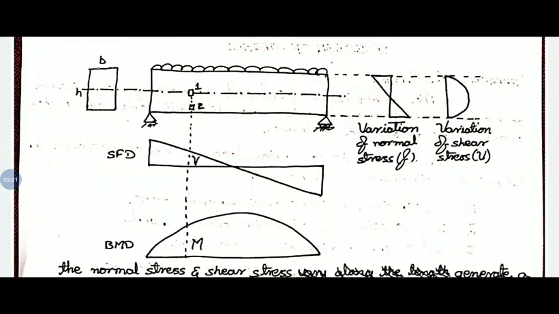The moment, BMD, will be in parabolic variation, and SFD will be triangular. In the same manner, along the cross section the shear will vary. Normal stress varies linearly, and the variation of shear stress will be in parabolic form.